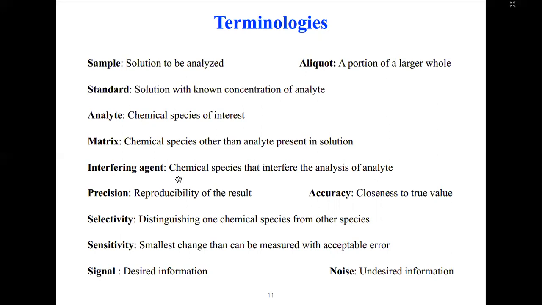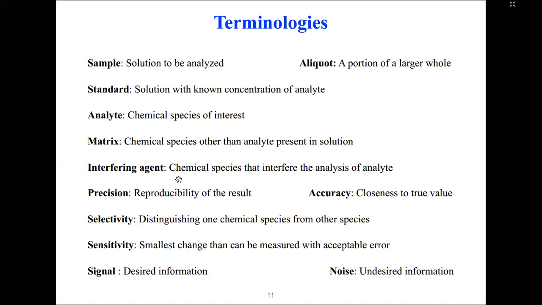If there are 20 sodium and 10 potassium, when you analyze the sodium, you might get a result of more than 20. The 20 comes from the sodium, and some of the potassium, like 2, 3, or 10, will also add up into the sodium. They behave like sodium, so you get a result more than what you expected.